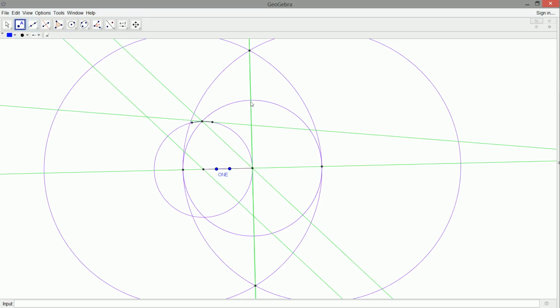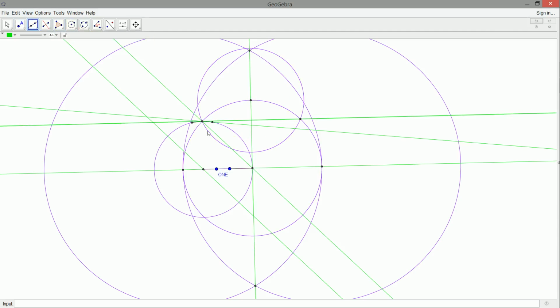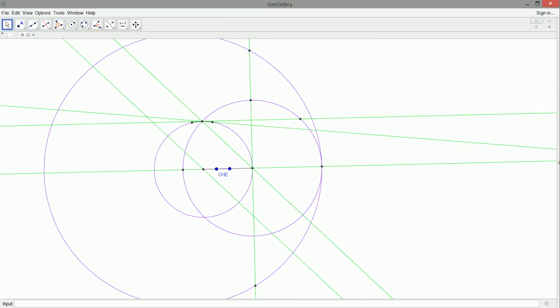So intersection point there, and the remainder of the chord. So this gets us the remaining parallel line that we desire. Alright, let's get rid of many of these circles. In fact, this circle doesn't need to be around anymore.